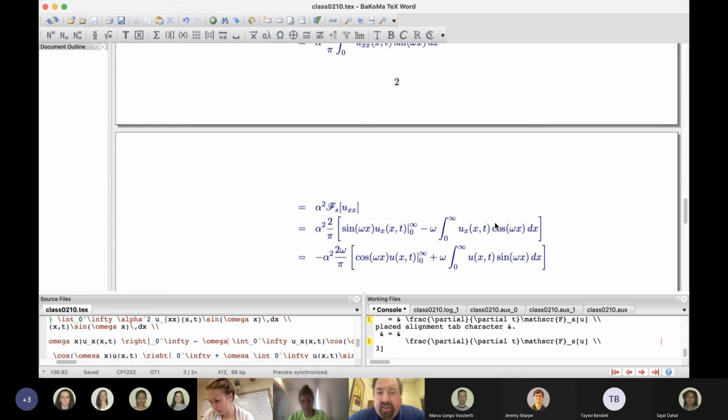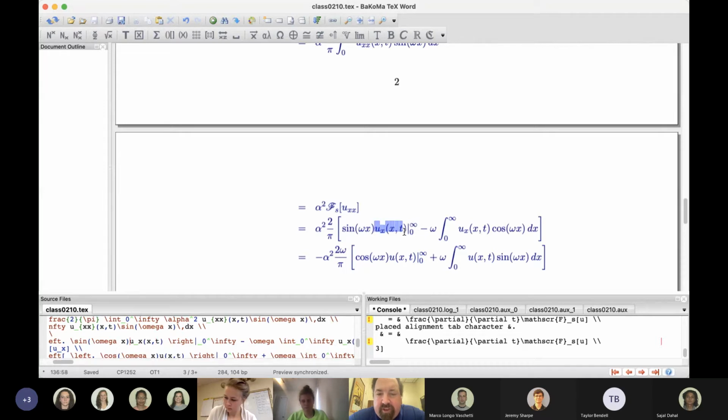Now I need to evaluate this at x equals 0 and x equals infinity. If I plug in x equals infinity, this part's going to go to 0. For u to have a valid Fourier transform in the first place, this integral would only exist as long as u and its derivatives go to 0 as x goes to infinity.